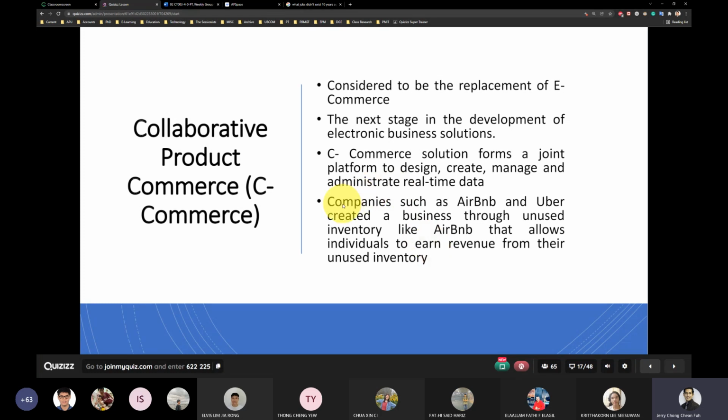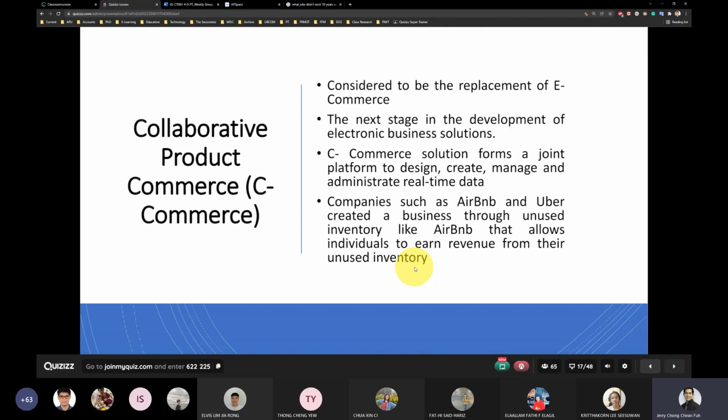Yeah. So an example given here, companies such as Airbnb and Uber created a business through unused inventory, like Airbnb, that allows individuals to earn revenue from their unused inventory. So collaborative commerce here is between the company as well as utilizing the people overall. When you look at Airbnb, of course, Airbnb doesn't own a single house, doesn't own a single building.